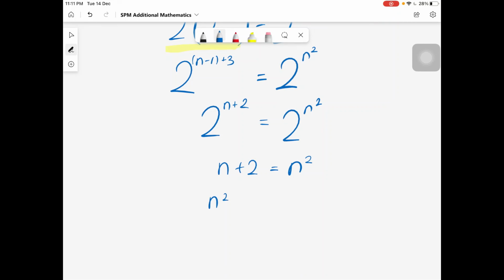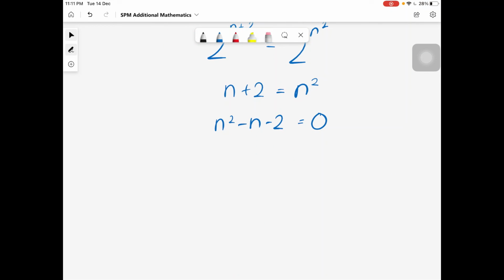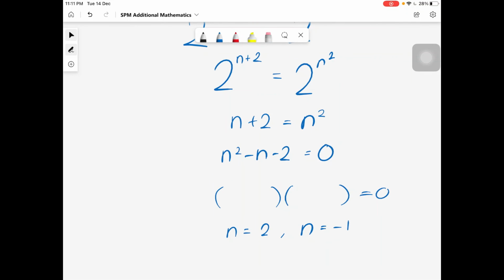So let's do this. n squared minus n minus 2 equals 0. So this is a quadratic equation. You can put it in your calculator and you will get n equals 2 and n equals negative 1.